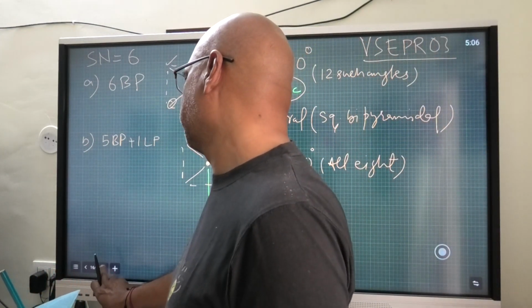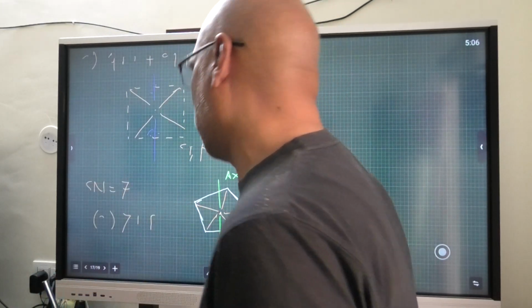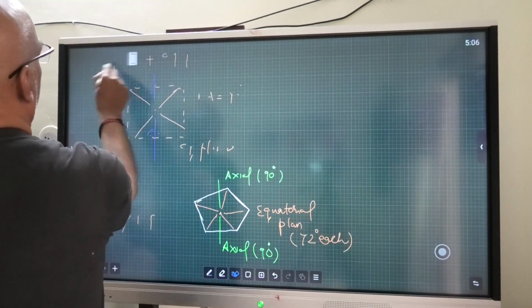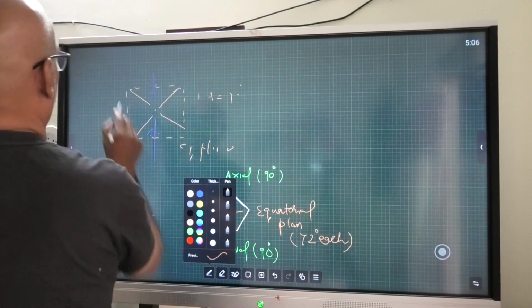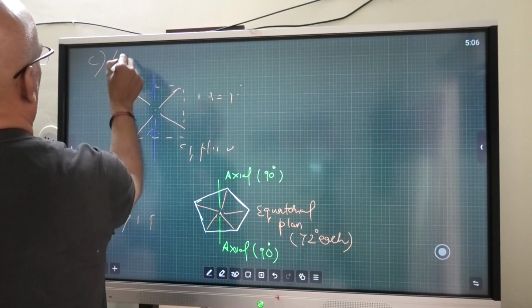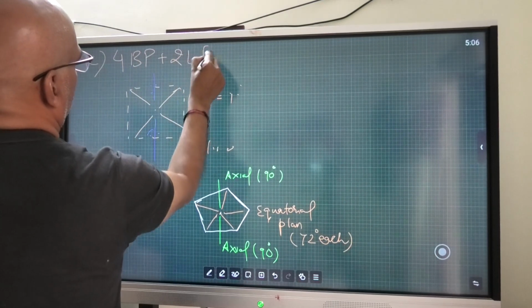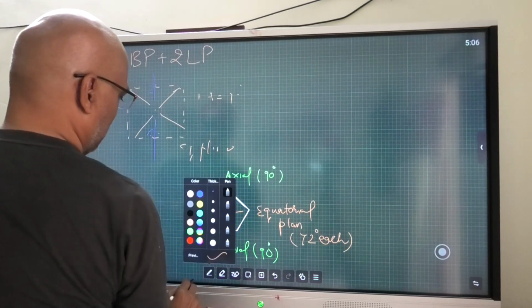Now, the next case is 4 bond pairs, the C case: 4 bond pairs and 2 lone pairs.